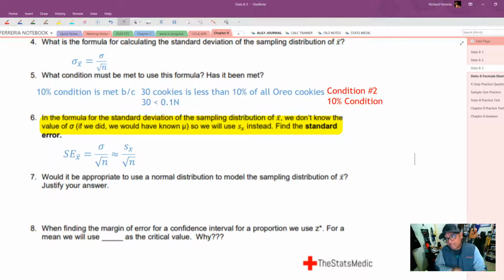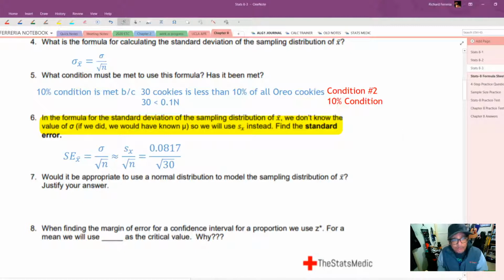Remember, the difference is sigma is the standard deviation of the population, while S is the standard deviation of the sample. Substitute the numbers in there. That's 0.0817 divided by the square root of 30, and that's 0.0149.